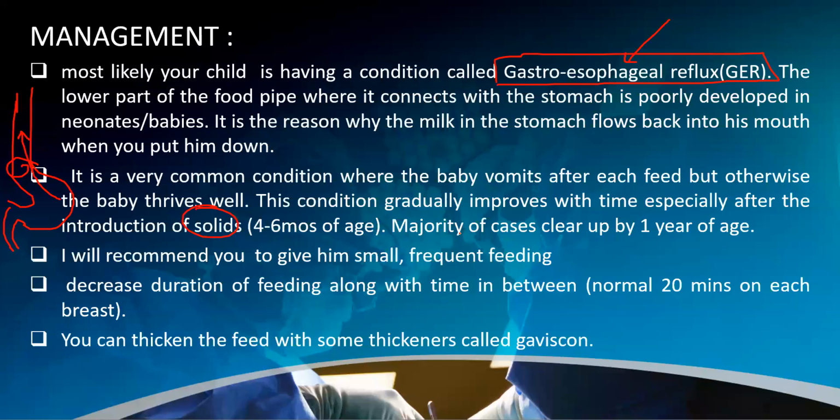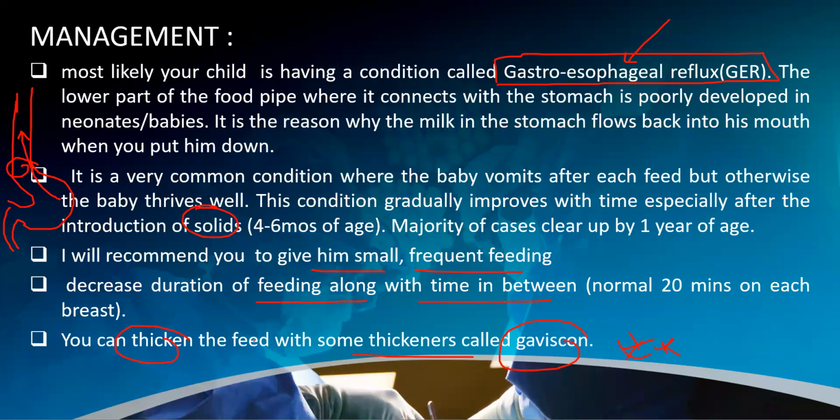But in between, if it is really bothering you, if you think that he's not able to keep anything down, then I would recommend you give him small frequent feeds, not a huge amount of food at one time. Decrease the duration of feeding along with the time in between. Most importantly, you can thicken the food or breast milk by adding a thickener called Gaviscon.